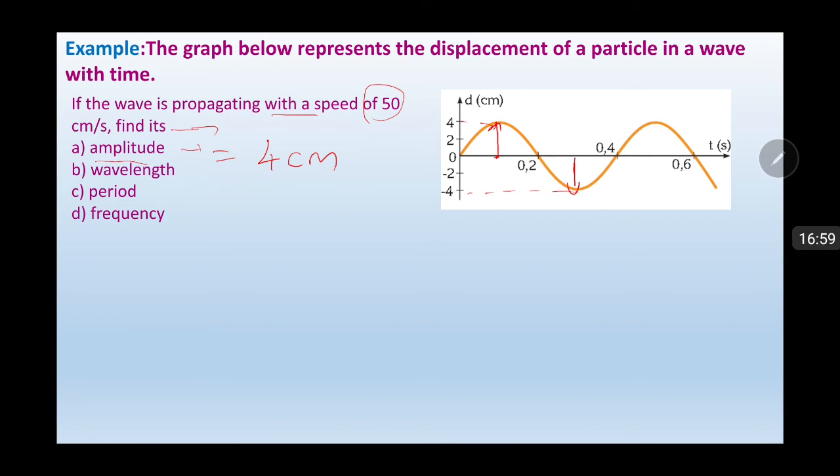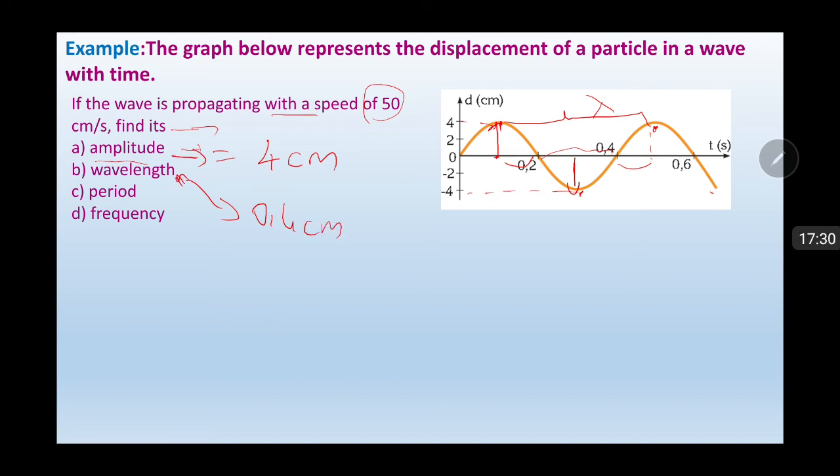Wavelength. Wavelength is between two crests or between two tops. We don't know the second top, but we know two crests. This is the wavelength. Look at this, 1 and 1, and also 0.2, 0.1, 0.1, 0.2, totally 0.4 centimeter.